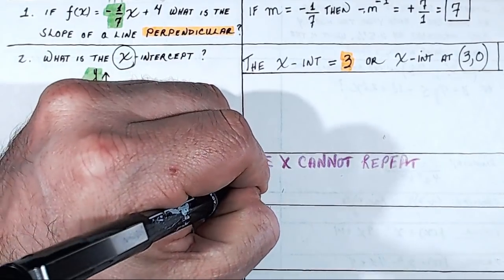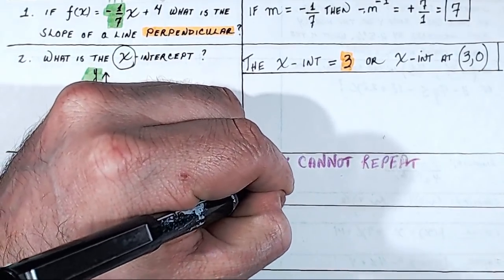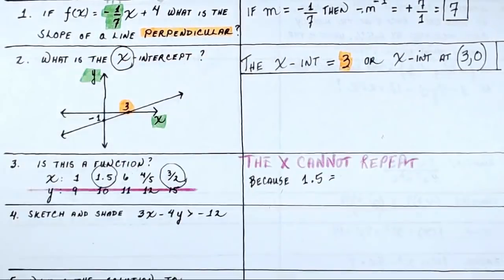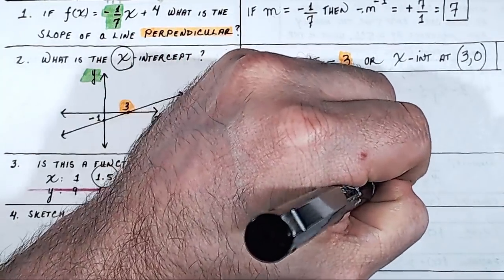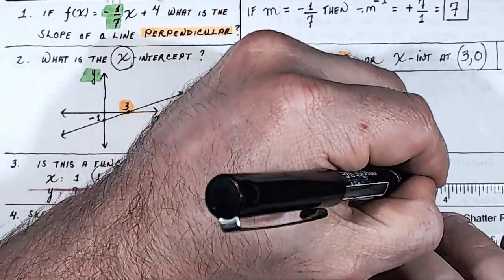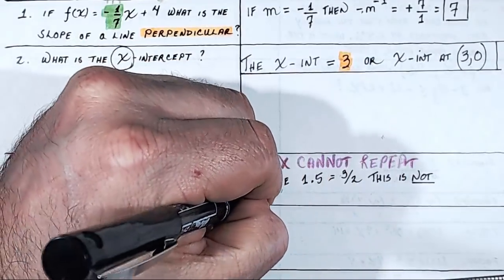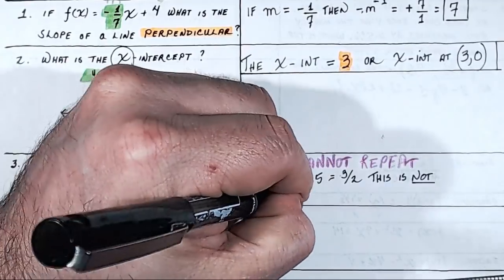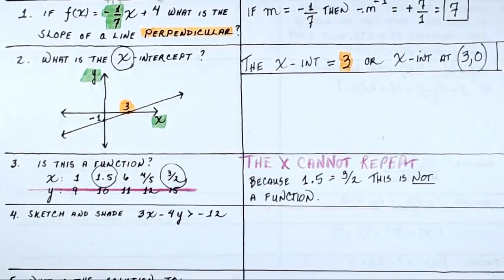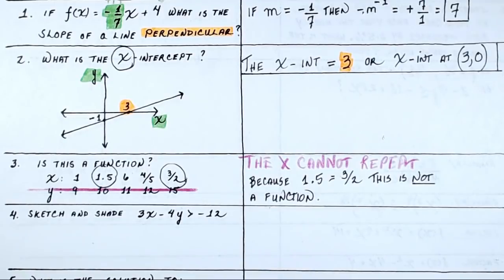So we say because 1.5 equals 3/2, this is not a function. Okay, and it's good to kind of write it out in more or less a full sentence. All right, that's number 3.